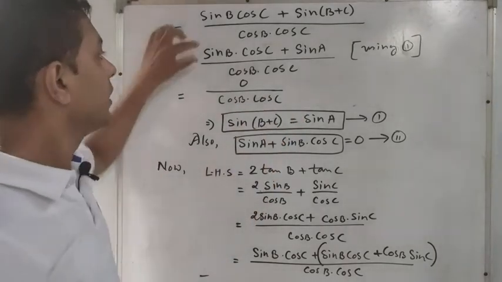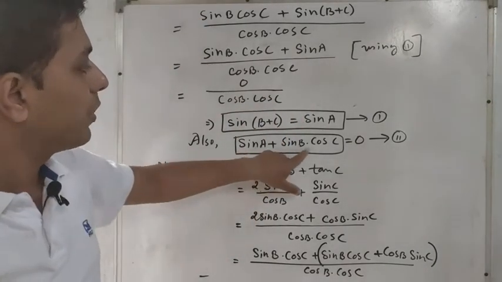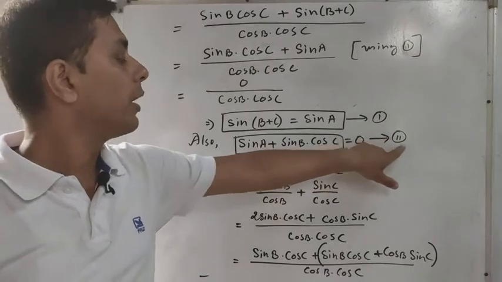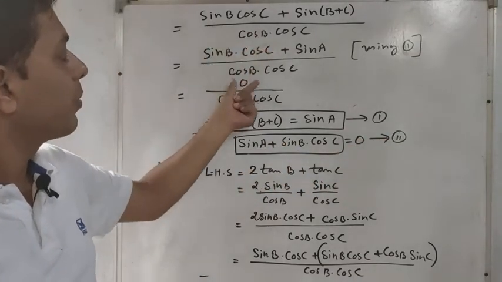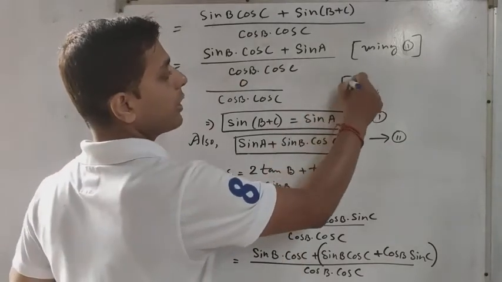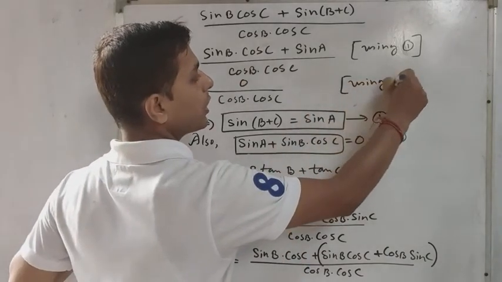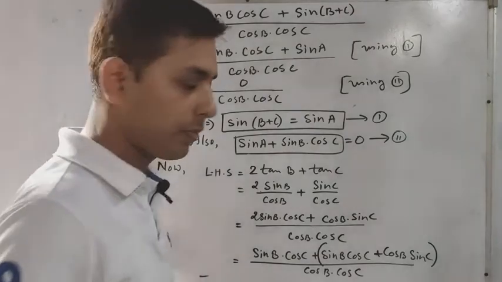As you have seen, the numerator part is equal to 0, which is already given in the question as the clue, and we have made it question number 2. We are going to apply that. In the numerator part it is 0 now, so I have written here using question 2.